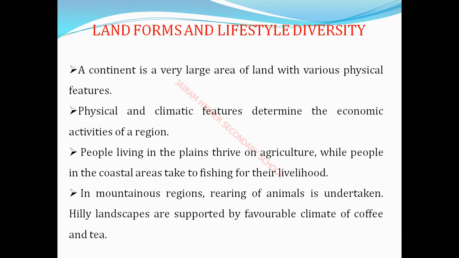So the people living in the plains thrive on agriculture. Plains means what? Plains is nothing but a large area of flat land with few trees, which are near the river. So this plain area was fully occupied for the occupation of agriculture, while people in the coastal areas followed their occupation as what?